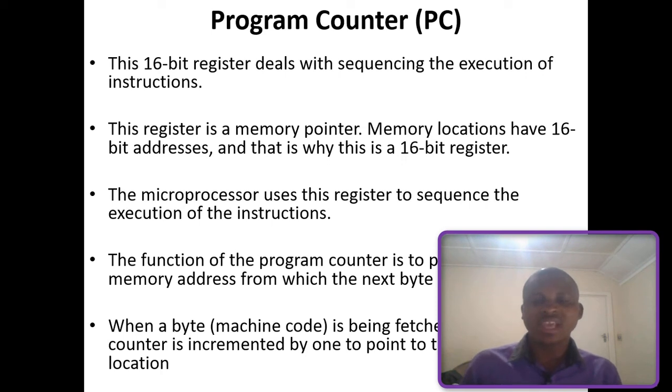Why? Because we want our processor to be kept busy actually processing the instructions. You don't need it to wait for some components to go and fetch instructions, so this register holds the address of the next instruction to be executed.